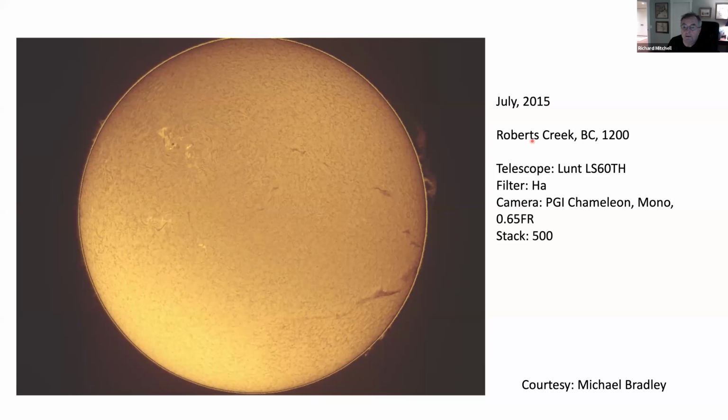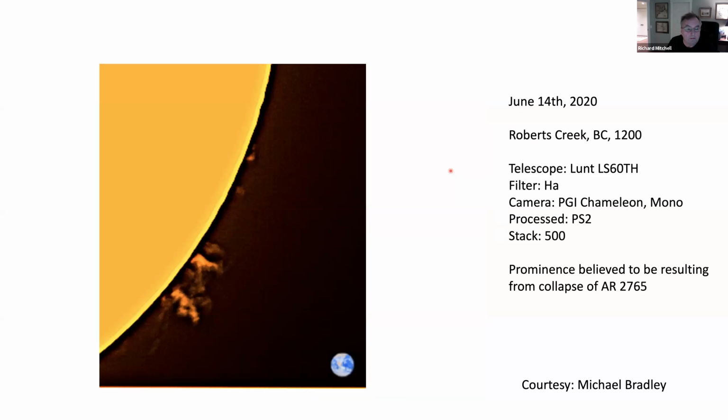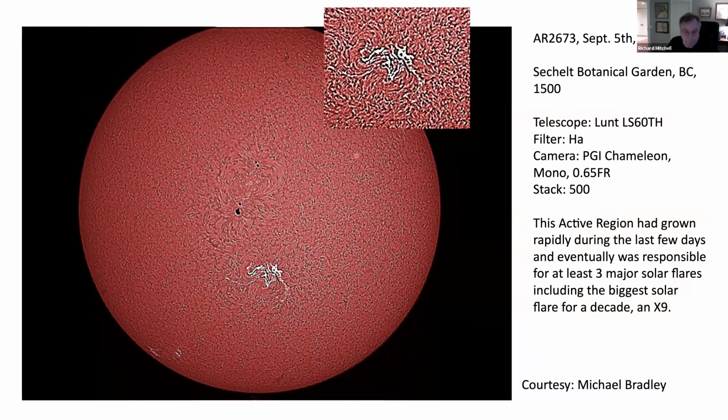This is one that Michael took in hydrogen alpha, and again you can see the detail. See how it compares with just white light. And again, yet another one, Michael's hydrogen alpha, and another one.